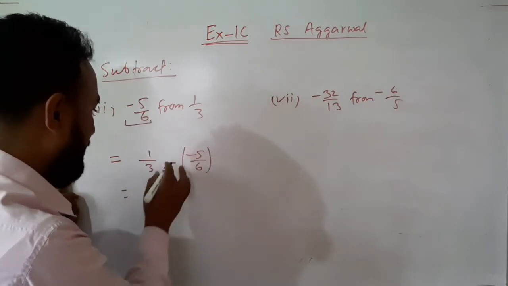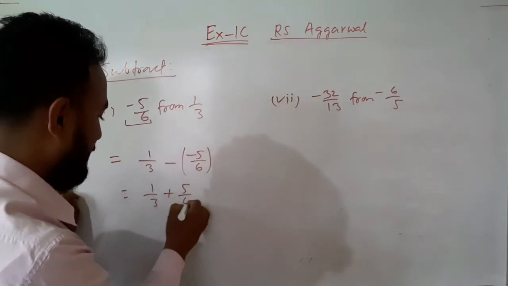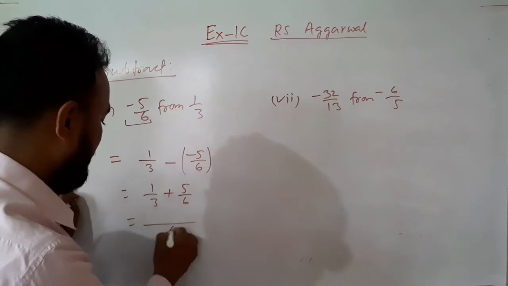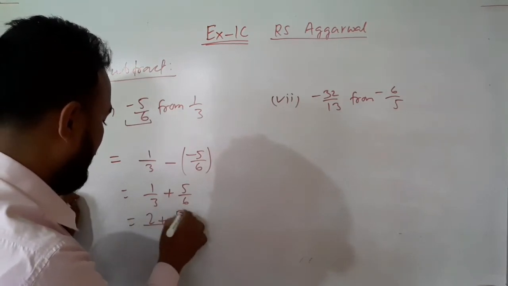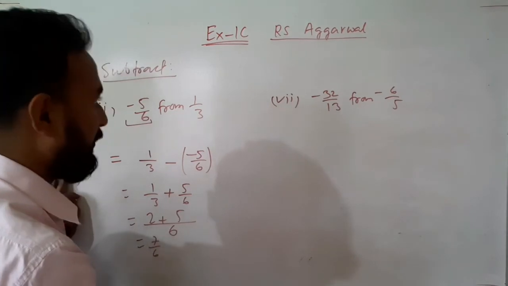So 1/3 minus (minus 5/6) becomes plus 5/6. The LCM of 3 and 6 is 6, so 2 plus 5, that is 7/6. That is your required answer.